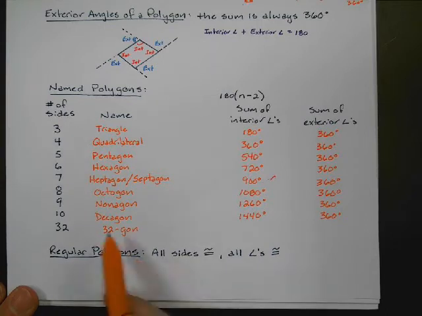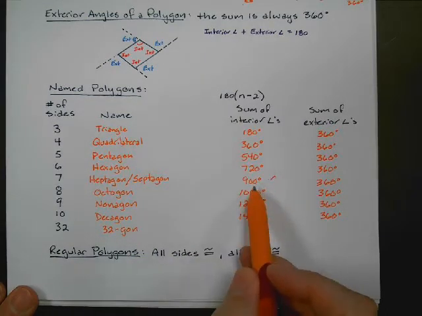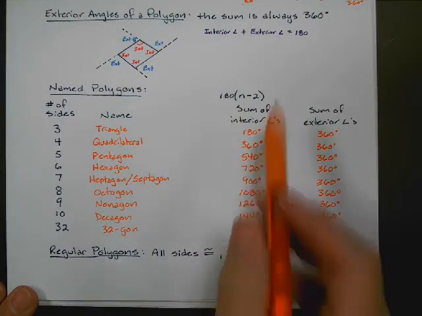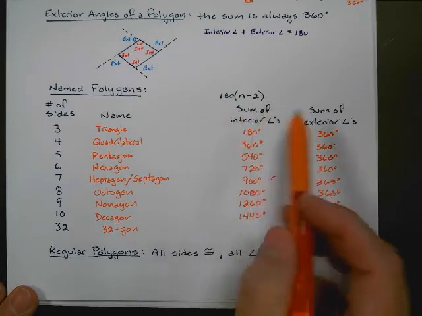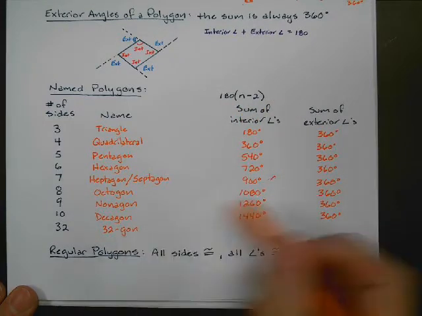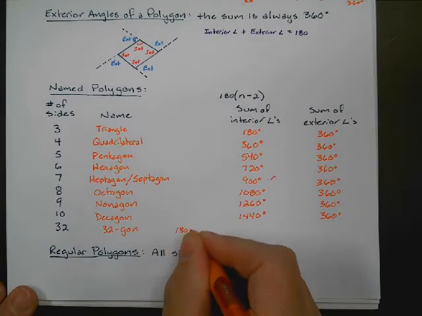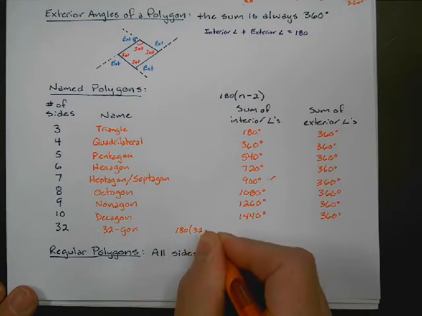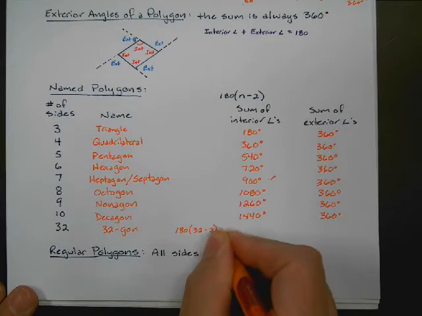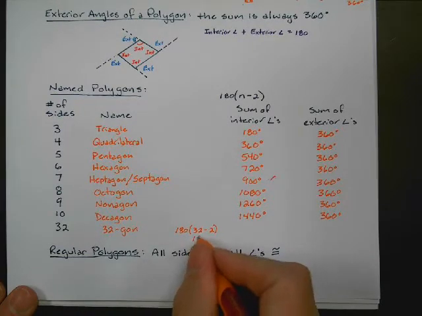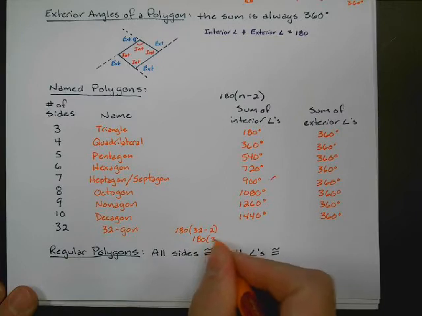All right, so how would I know the sum of the interior angles if we have 32 sides? We plug it in up here. So we do 180 times 32 minus 2. So this would be 180 times 30.